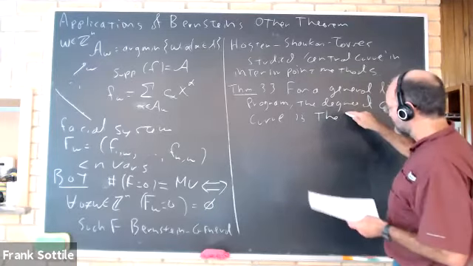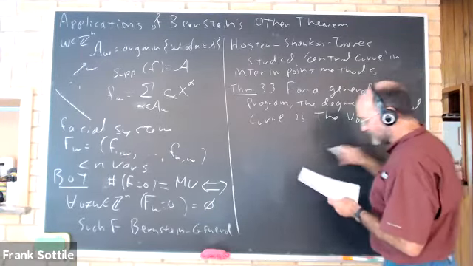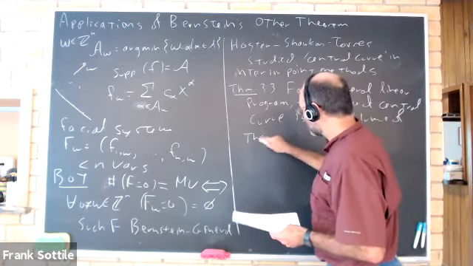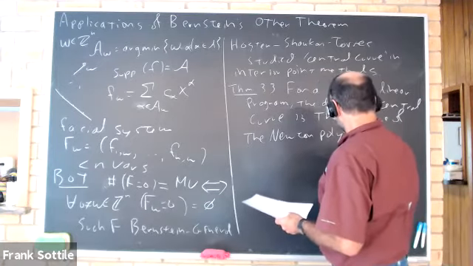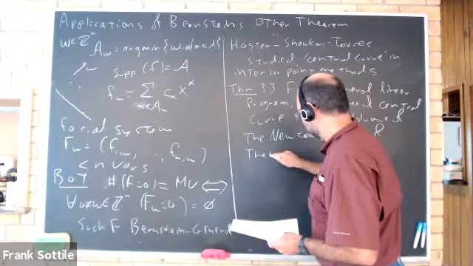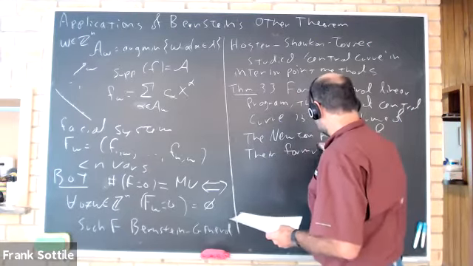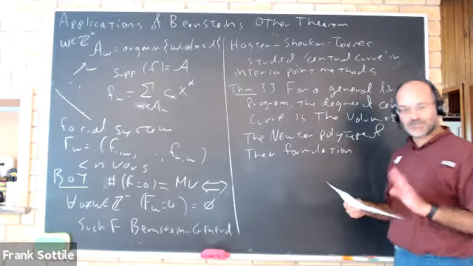Although the formula is easy, it's the volume of the Newton polytope of their formulation. So okay, let me explain.